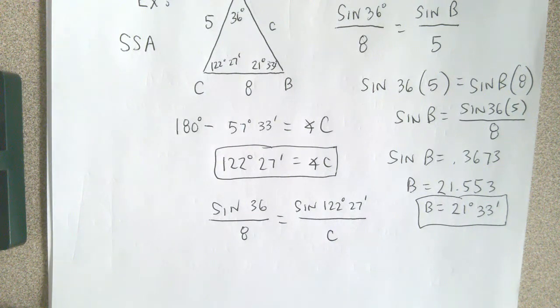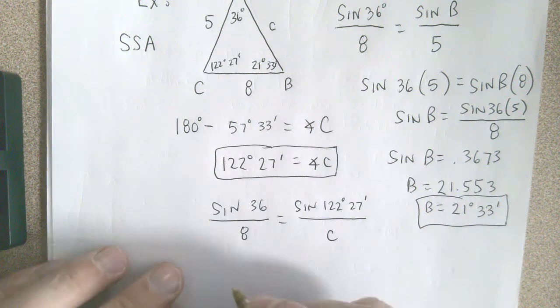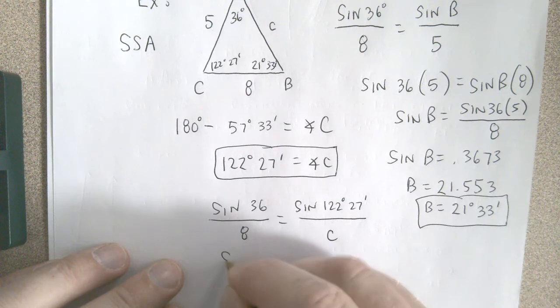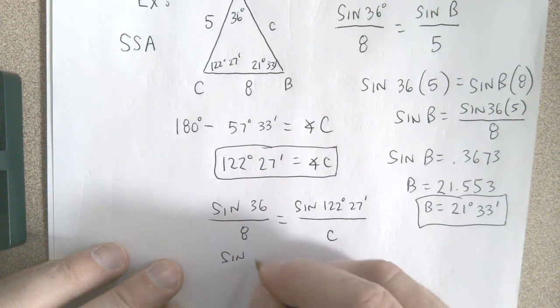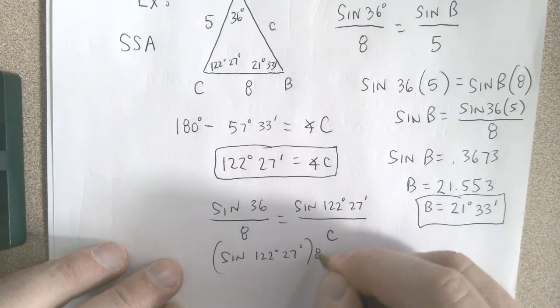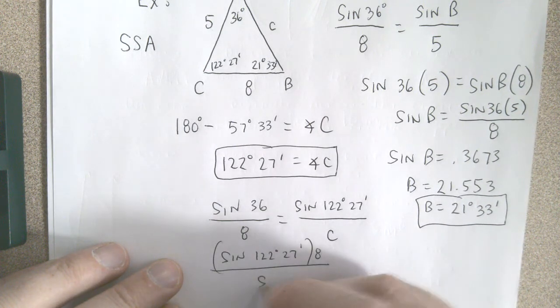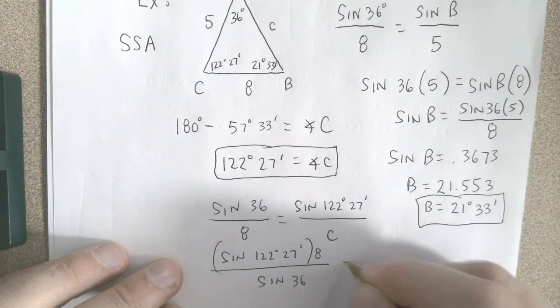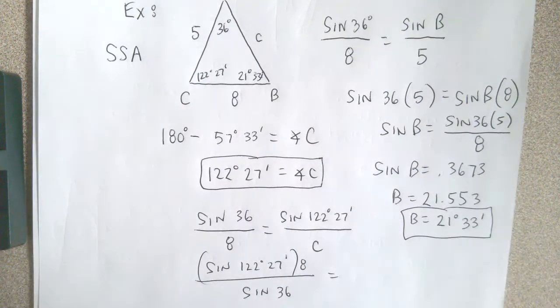And we're going through that same similar process to what we just did with our calculators. So it's going to be sine of 122, 27 times 8, divided by the sine of 36. And put that into our calculators.